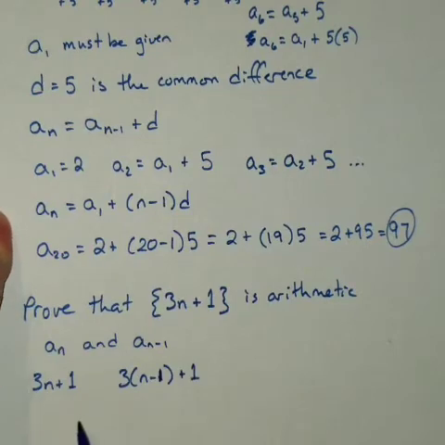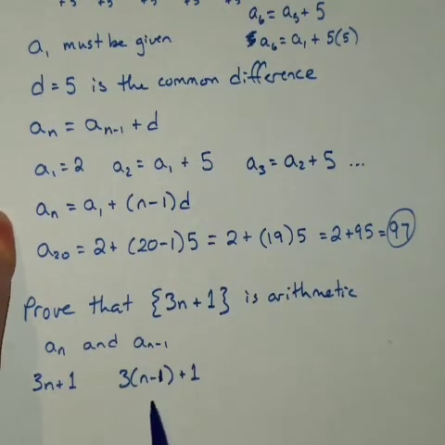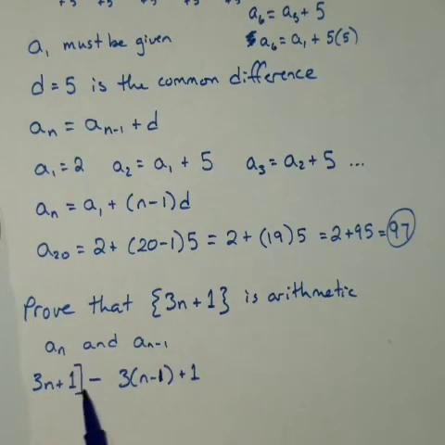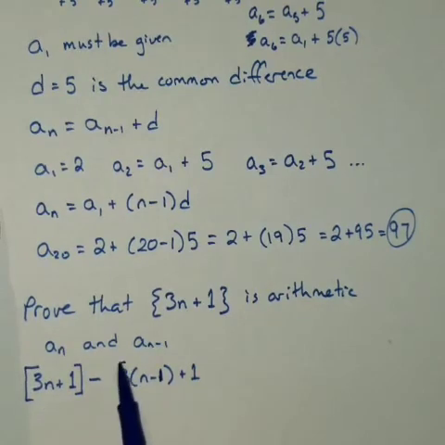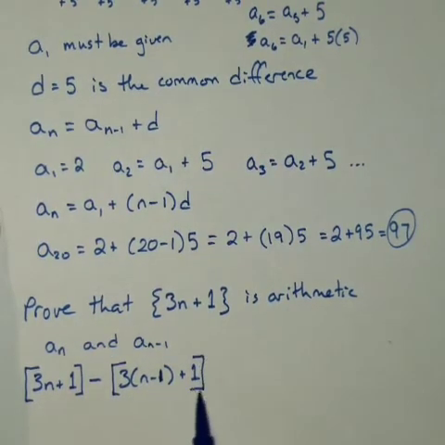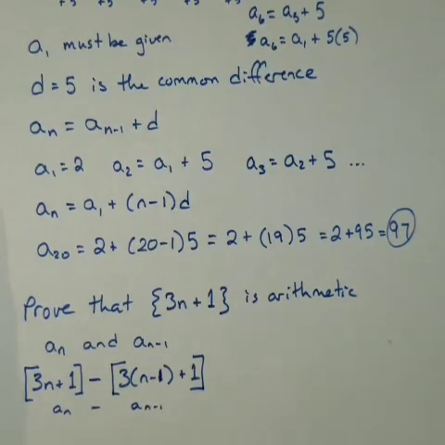Alright, so now what I want to do is show that this has a common difference. In other words, the difference between these is the same number every time. So if I subtract these two things, this quantity from this one, right? So that's the difference between a sub n and a sub n minus 1.